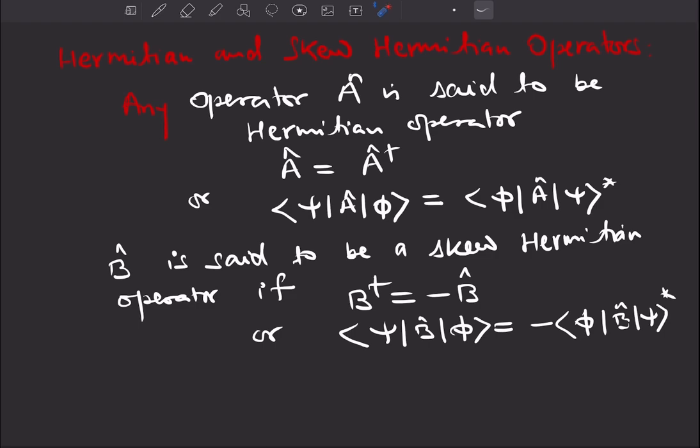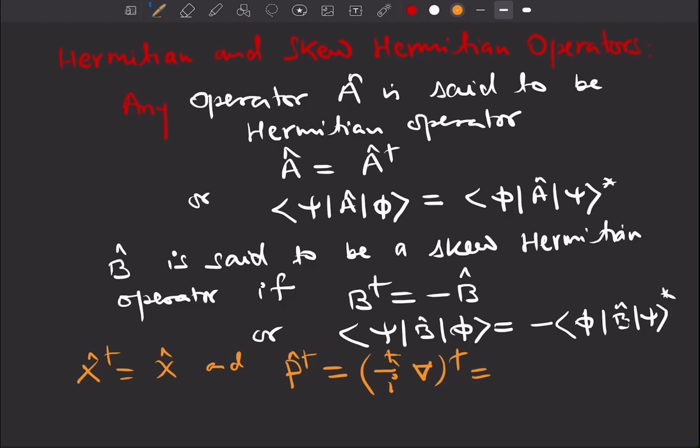We should note that momentum and position operators are Hermitian operators. That is, if x is a position operator, then x dagger is equal to x. And if P is the momentum operator, then P dagger is equal to P, where P is h cross by i del.